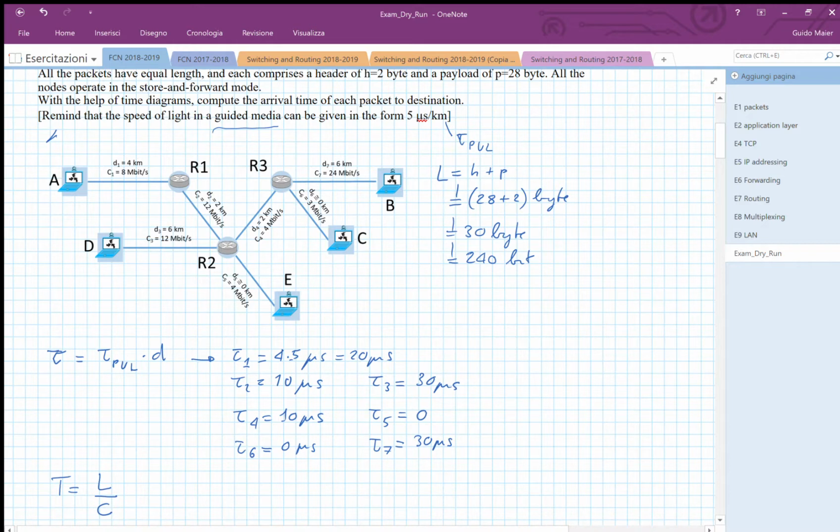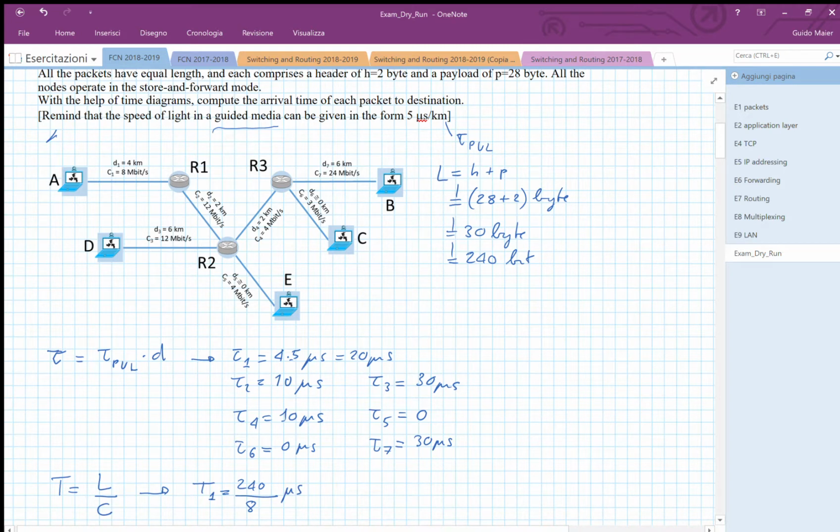So when we consider all the links, we have time T1. I am copying it so it's faster, but again calculations are really simple. In the case of T1 we have 240 bits divided by 8 megabits per second, so it's 240 divided by 8 microseconds.